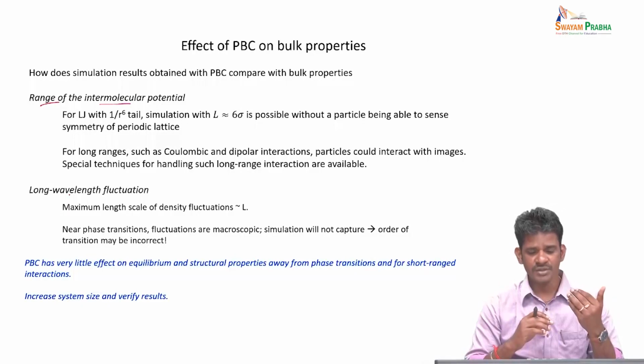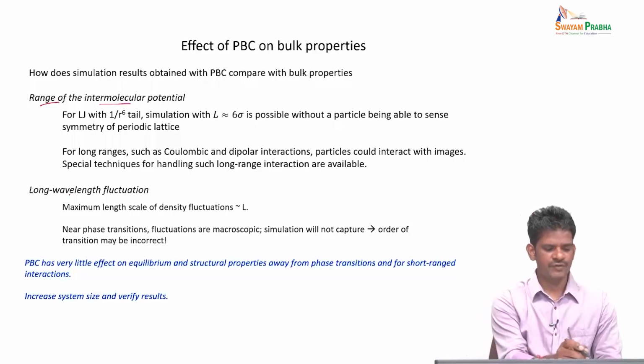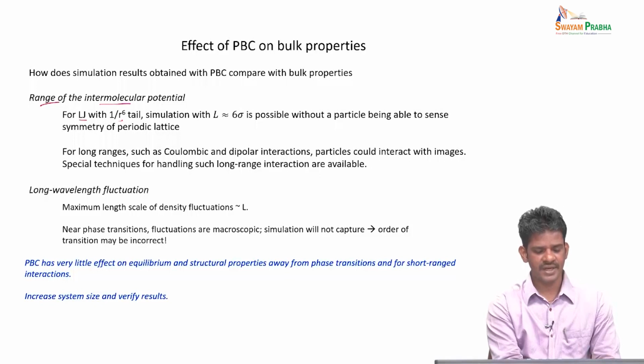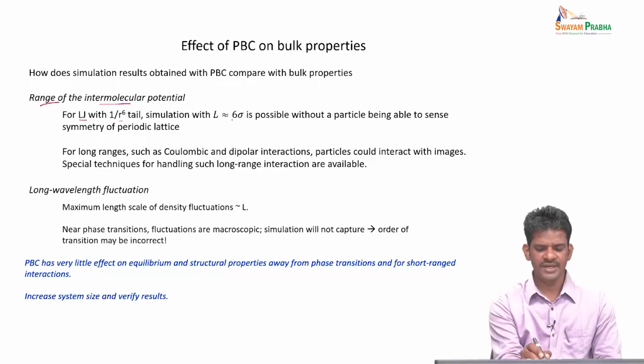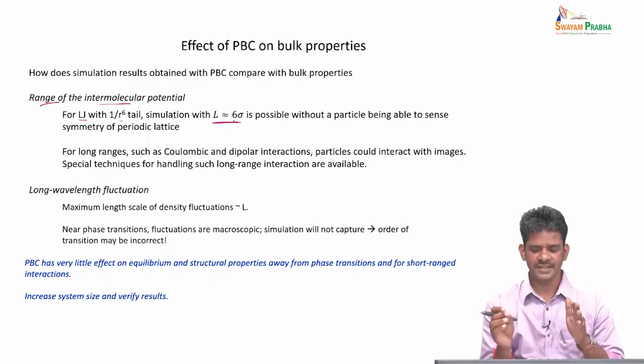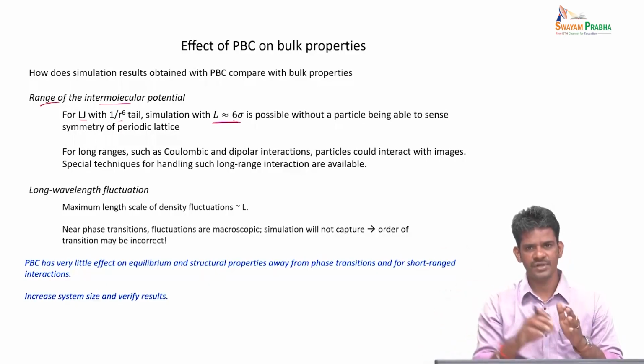Now coming to the intermolecular potential, if you consider Lennard-Jones, which scales as 1 by r power 6 and is considered short range, then you could do a simulation with a very small box size, something like L equal to 6 times sigma. It is possible to do a simulation with such a small box without the particle being able to sense the symmetry of the periodic lattice.